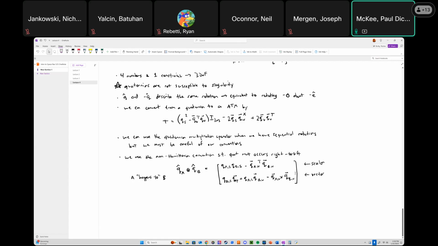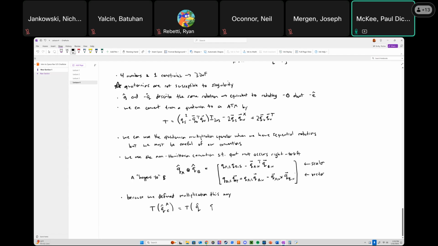And almost done. Because we defined multiplication this way, the attitude transformation matrix that you get from the quaternion that maps from A to C is the same as sequential rotations.